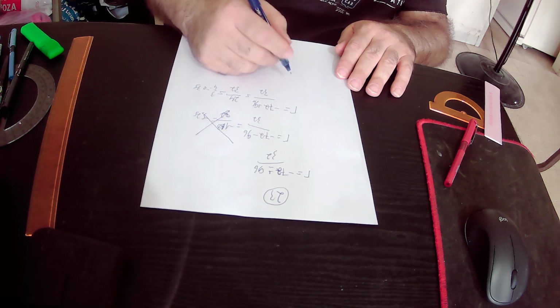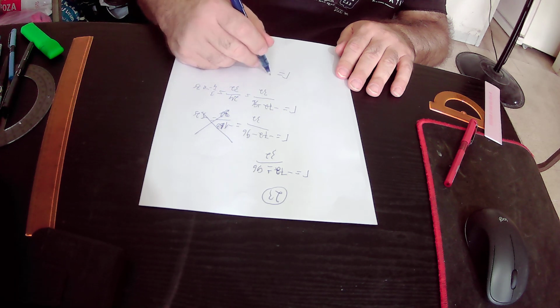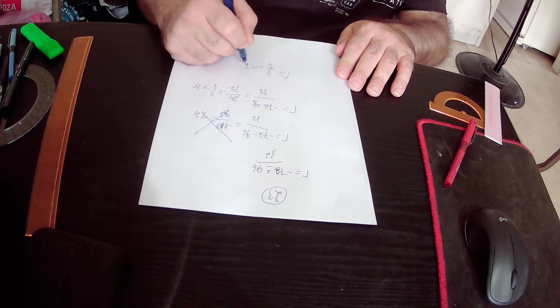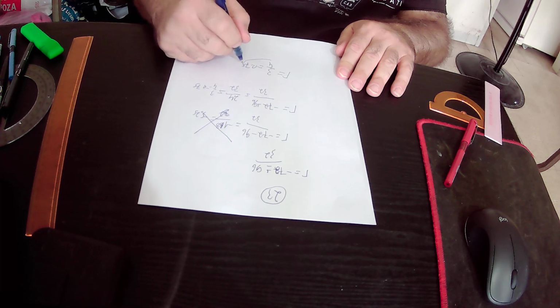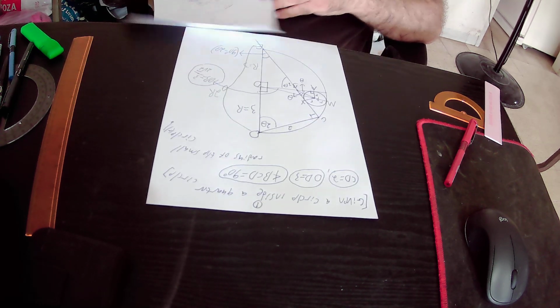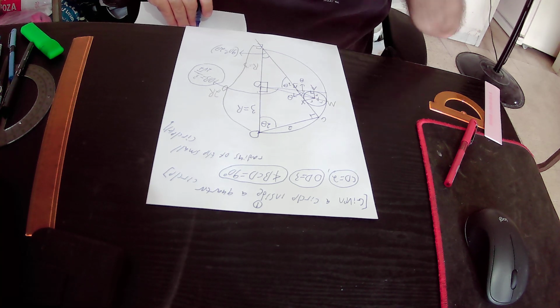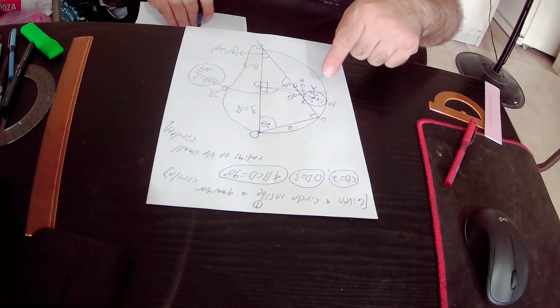So the radius of the small circle equals to 3 over 4 units, or 0.75 units. Again, the radius of this small circle equals to 3 over 4 units, or 0.75 units.